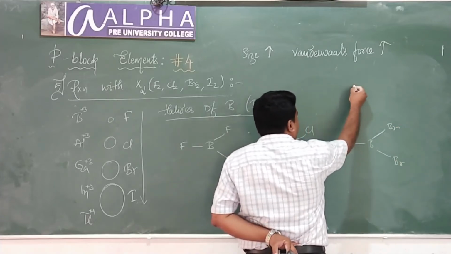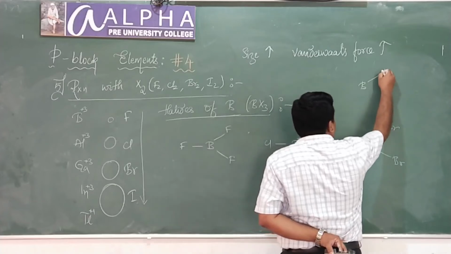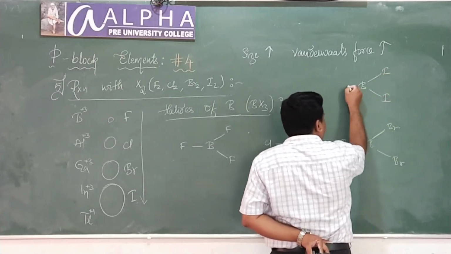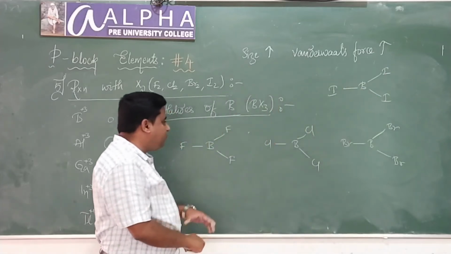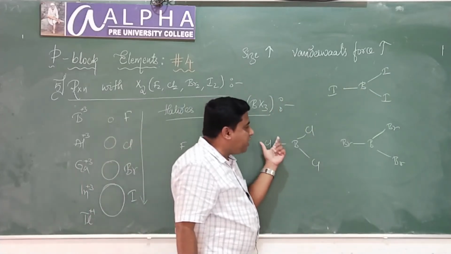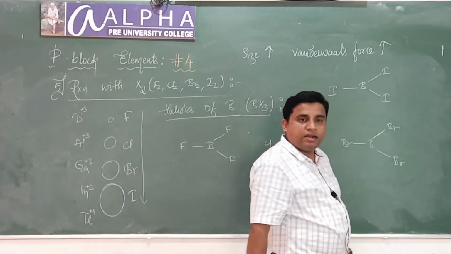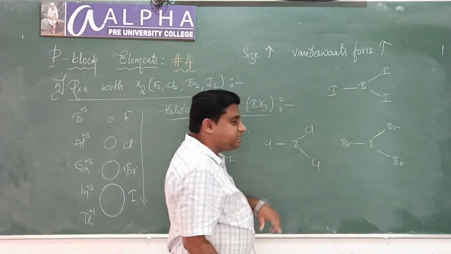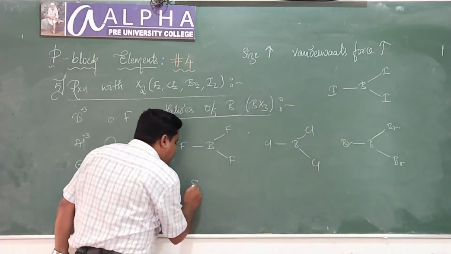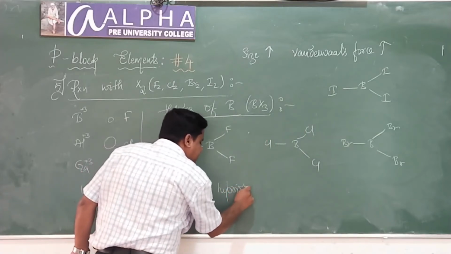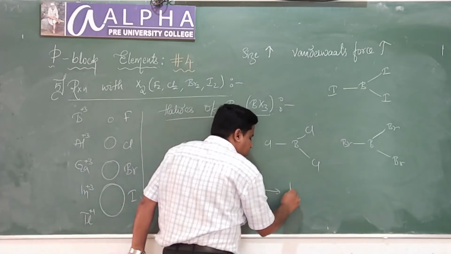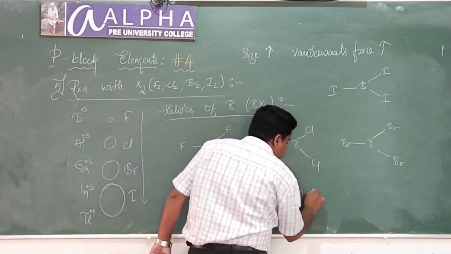And boron triiodide, BI3, isn't it? So boron trifluoride, boron trichloride, boron tribromide and boron triiodide. In all these cases, boron is sp2 hybridized. Since it is sp2 hybridized, what is the structure? Trigonal planar structure, isn't it?